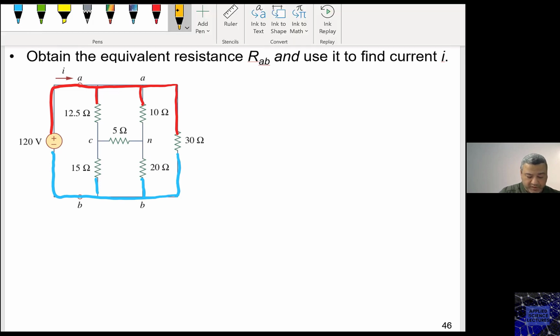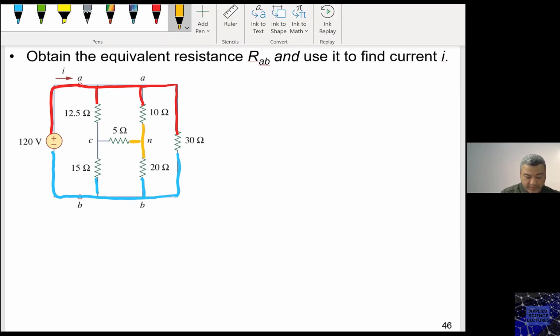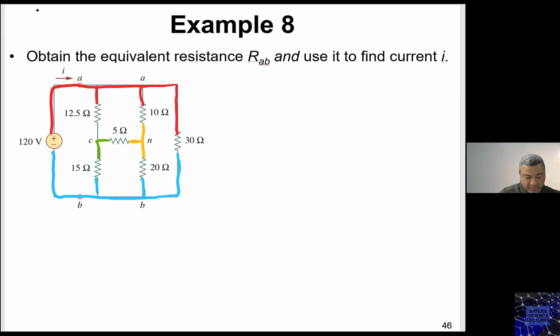So let me take this. As you can see, we have four distinguished electrical nodes here, and I can't find two resistors that are sharing the same nodes.